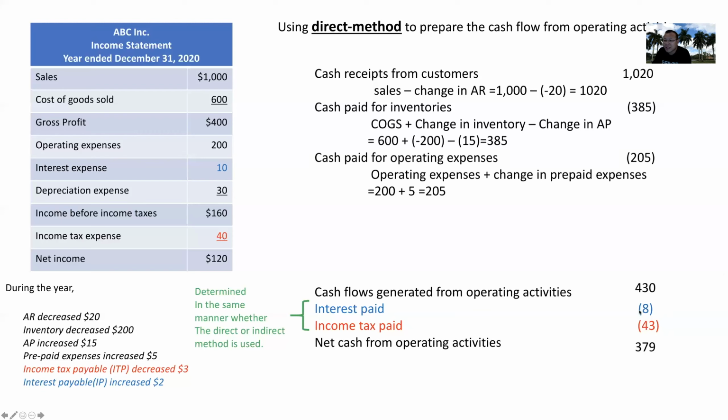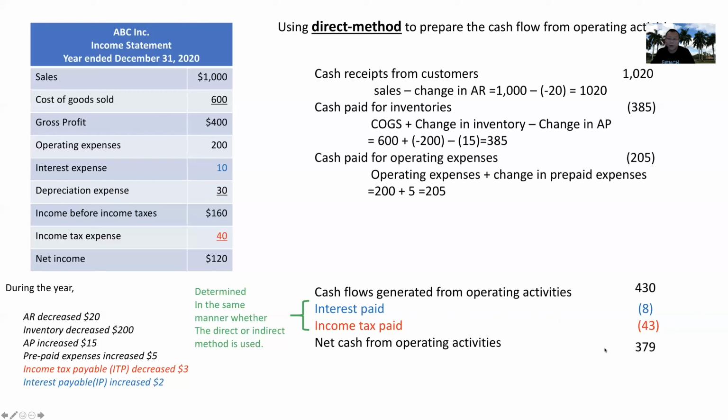It doesn't matter whether it's direct method or indirect method; the way we calculate these two items is the same. So you end up with 379. Regardless of the method, direct versus indirect, you should end up with the same number, 379.